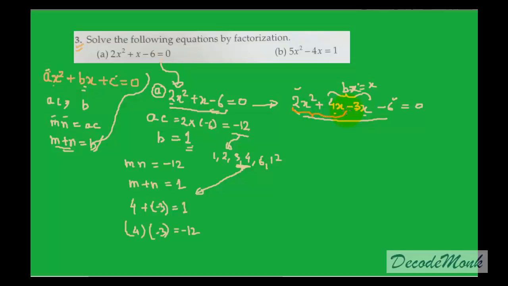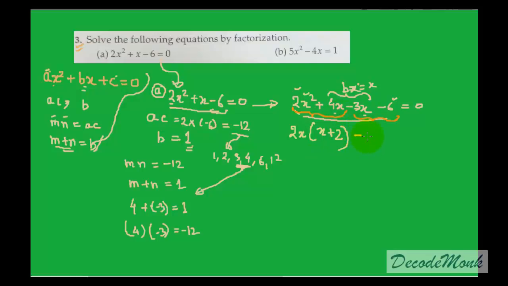Take common out of the first two and the last two terms. So then this will be equal to 2x multiplied by x plus 2. You see here, 2x into x is 2x square and 2x into 2 is 4x.